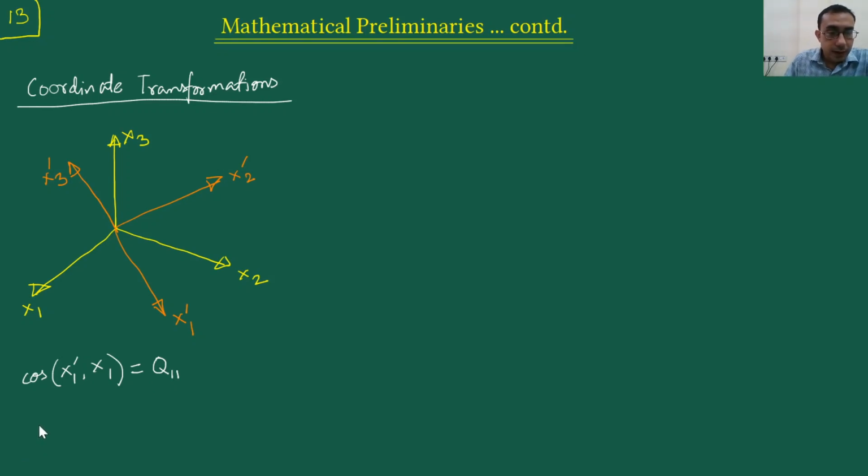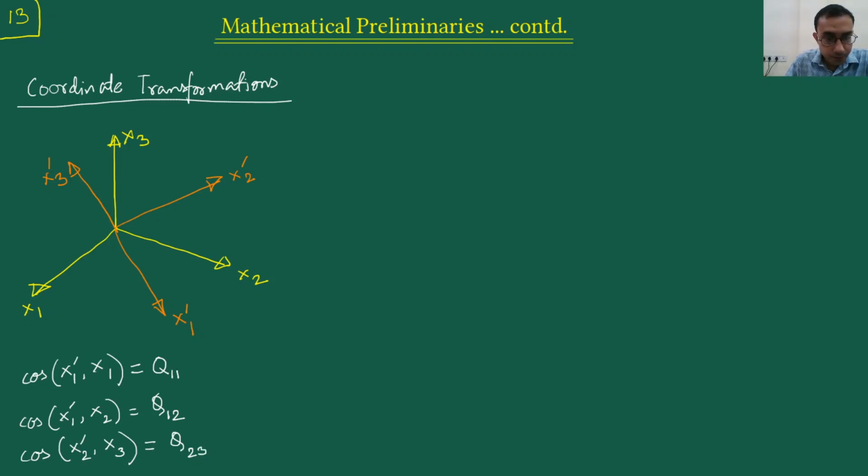Okay. In a similar fashion, the cosine of the angle that the x1 dash axis makes with the x2 axis, the cos of (x1 dash, x2), that will be q12. Similarly, we can have the cosine of the angle that the x2 dash axis makes with the x3, that will be q23.